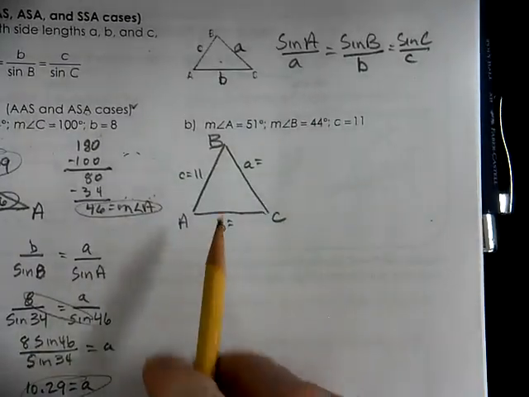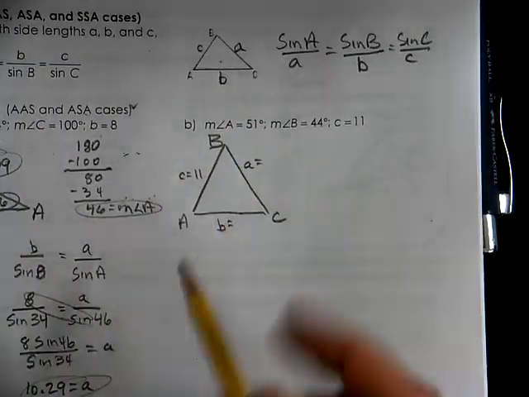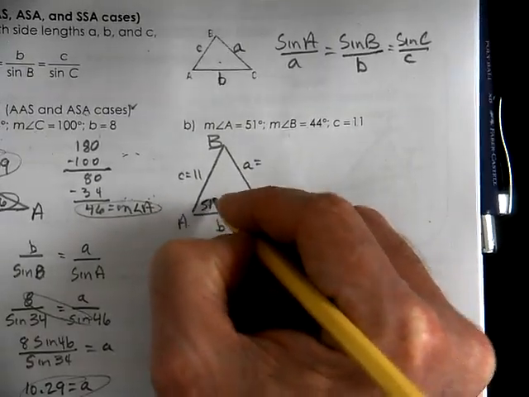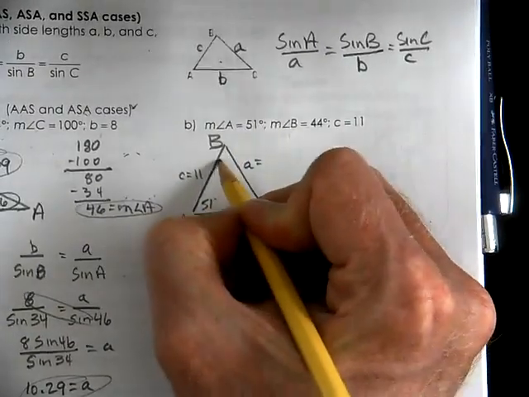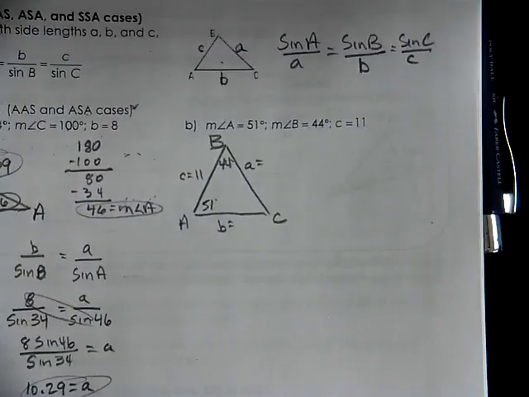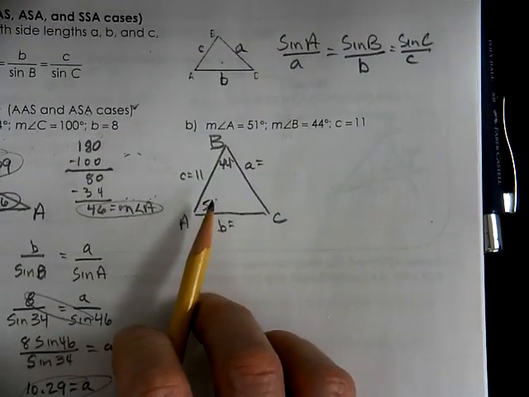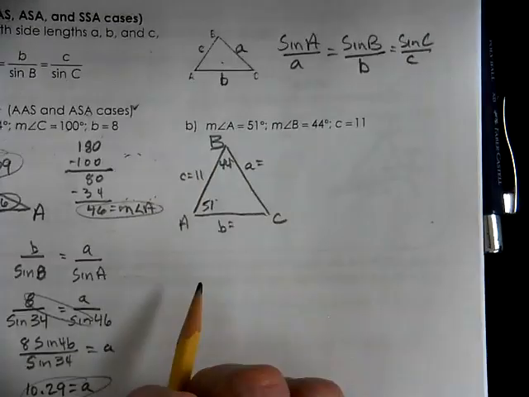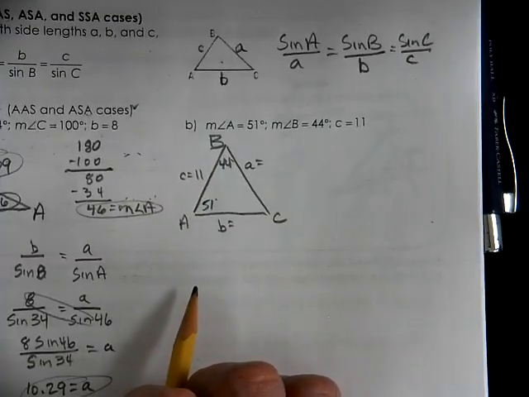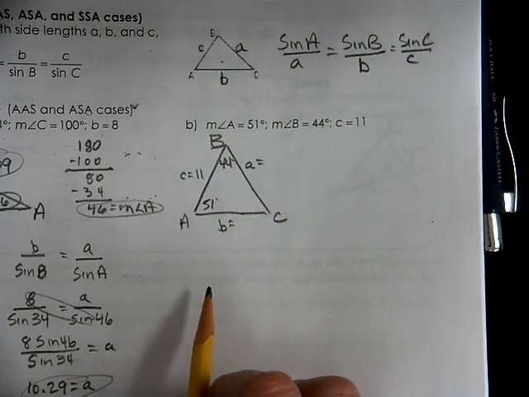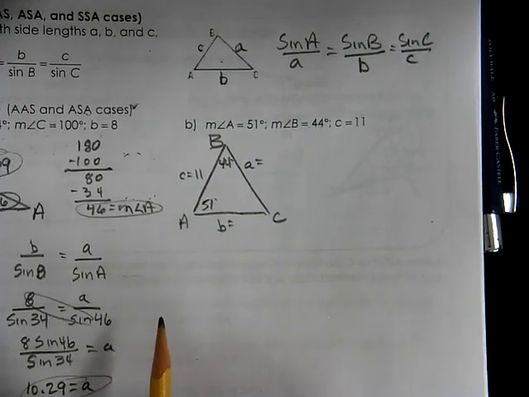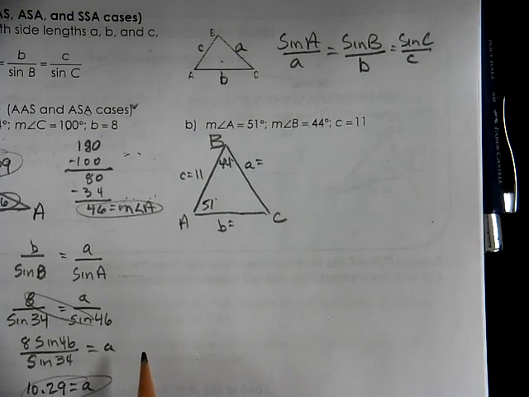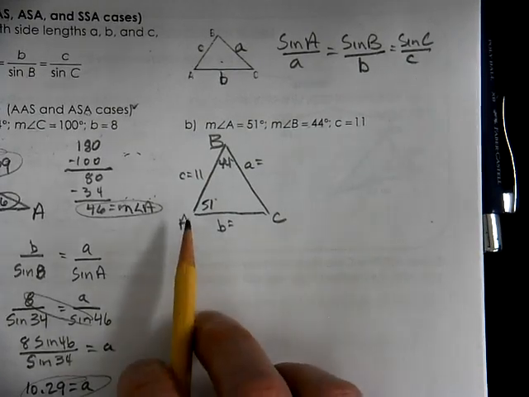So notice the pattern that we have now. A is 51 degrees and B is 44 degrees. So we have it as angle, side, angle. The side that they give us is in between the 2 angles. Now, what we talked about before, we needed 2 bits of information for the same letter to use law of sines.